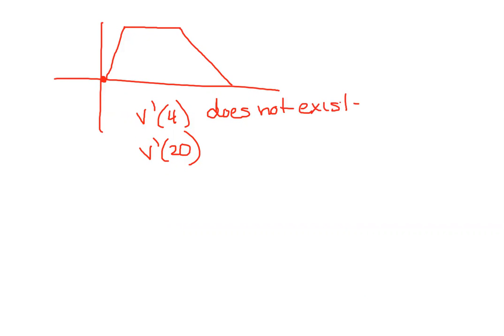because the slope to the left of 4 is different than the slope to the right of 4. So you could find what those are and explain it.